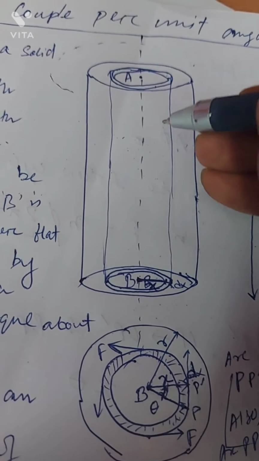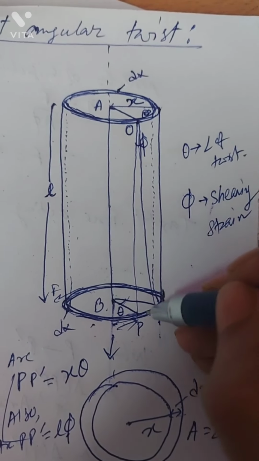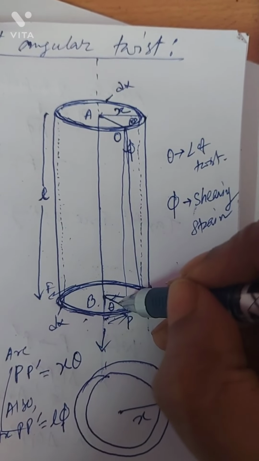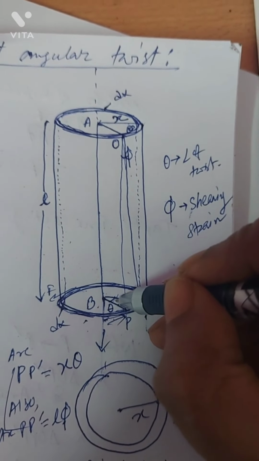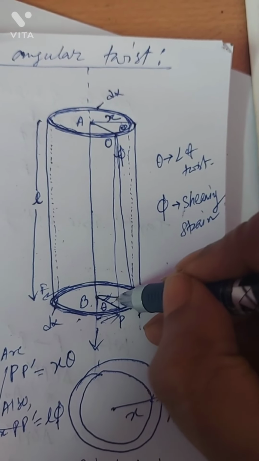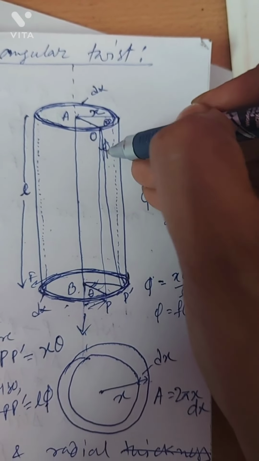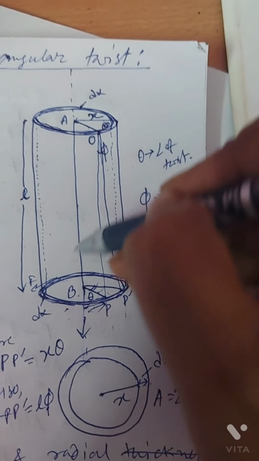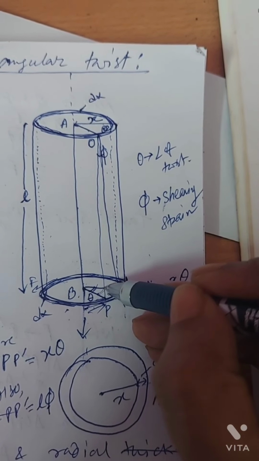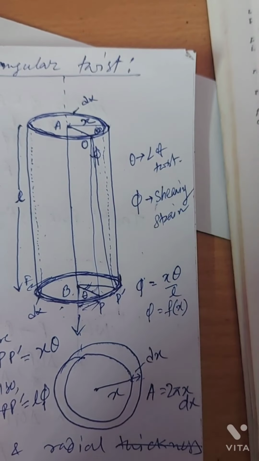what you will see is that if we decrease the x, suppose here it is x, the theta remains the same, but the angle phi will reduce, because this arc is reduced, so the x is reduced.